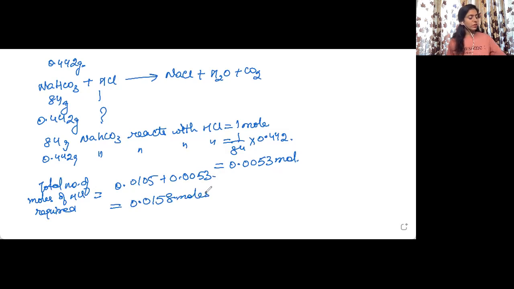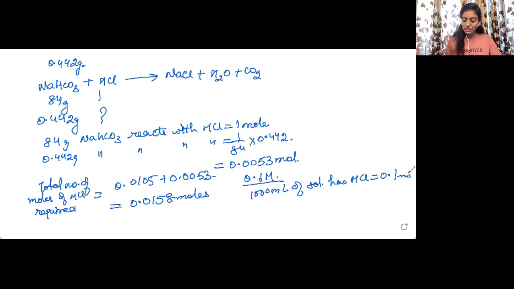Now what we have been given about HCl is that a 0.1 molar solution is there. What is the meaning of a 0.1 molar HCl solution? It means that 1000 ml of solution has HCl equal to 0.1 mole.